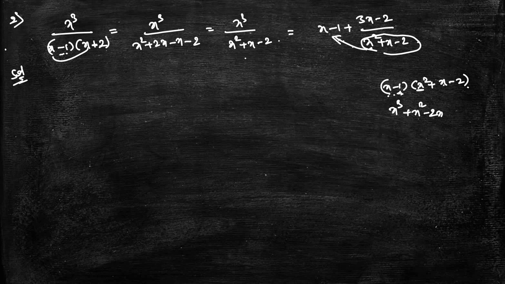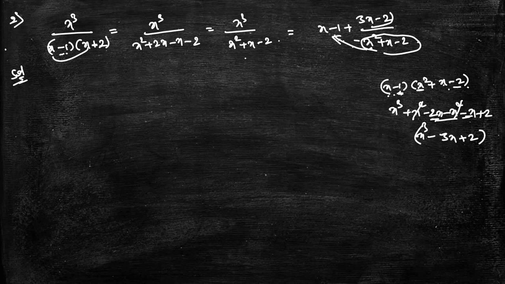Here minus 1 into x square is minus x square, minus 1 into x is minus x, and minus 1 into minus 2 is plus 2. So minus x square plus x square will get cancelled, x cube minus 2x minus x, 3x will remain, and plus 2 will remain.